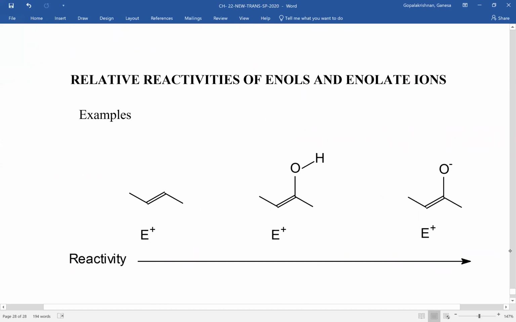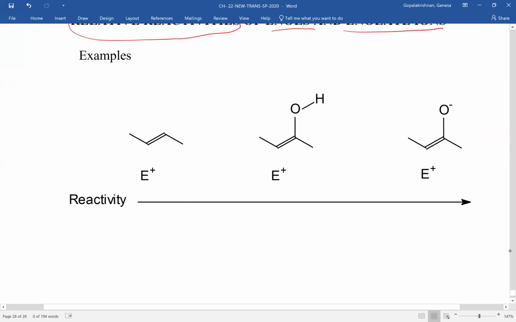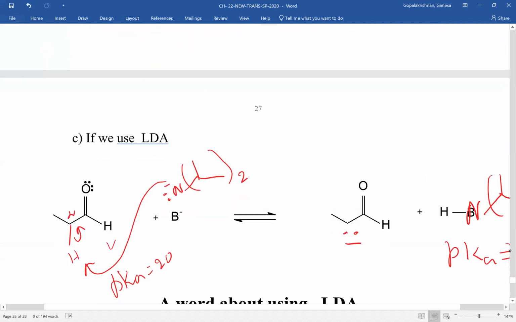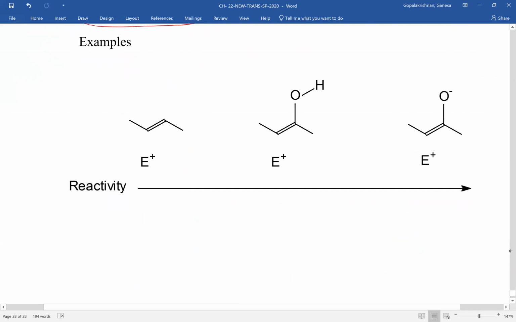We are going to compare the enols and enolate ions and their relative reactivities. I use the standard, the alkene. You see, alkene has a double bond, enol has a double bond, enolate ion has a double bond. If you put an electrophile, it will pull it and bond with it.